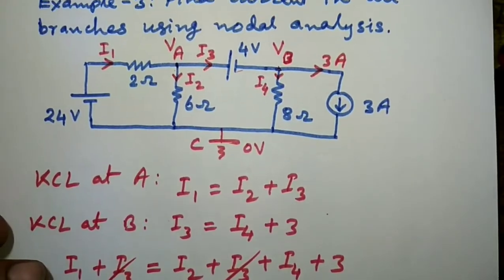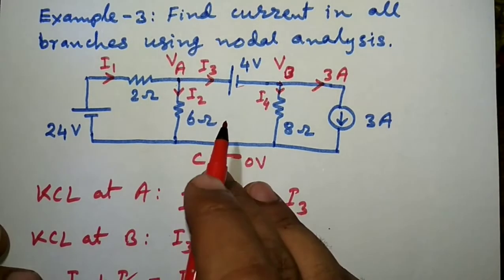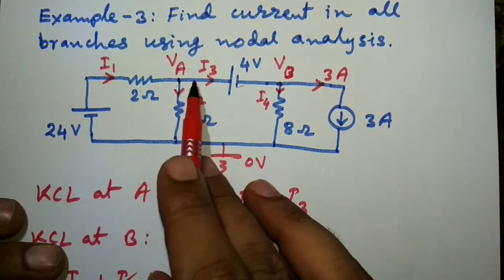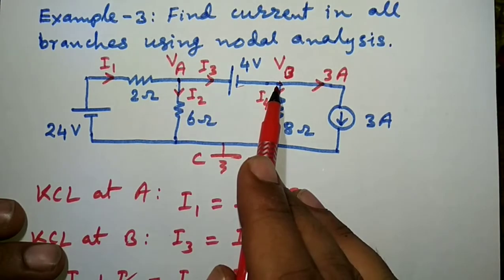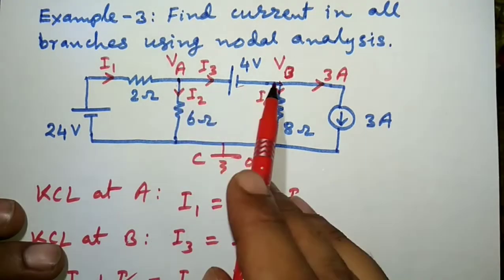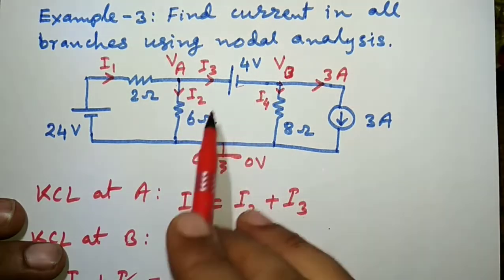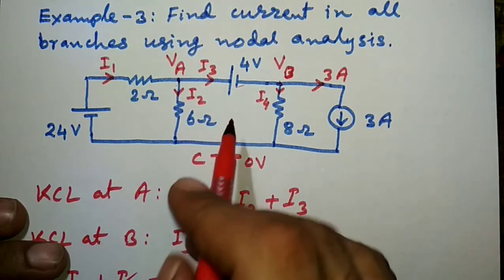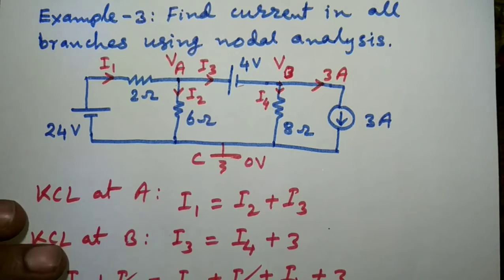If you look at the circuit again, although there is no resistance between junction A and junction B, the current should definitely flow from A to B, or it may be reverse also. So how can we find the value of I3?